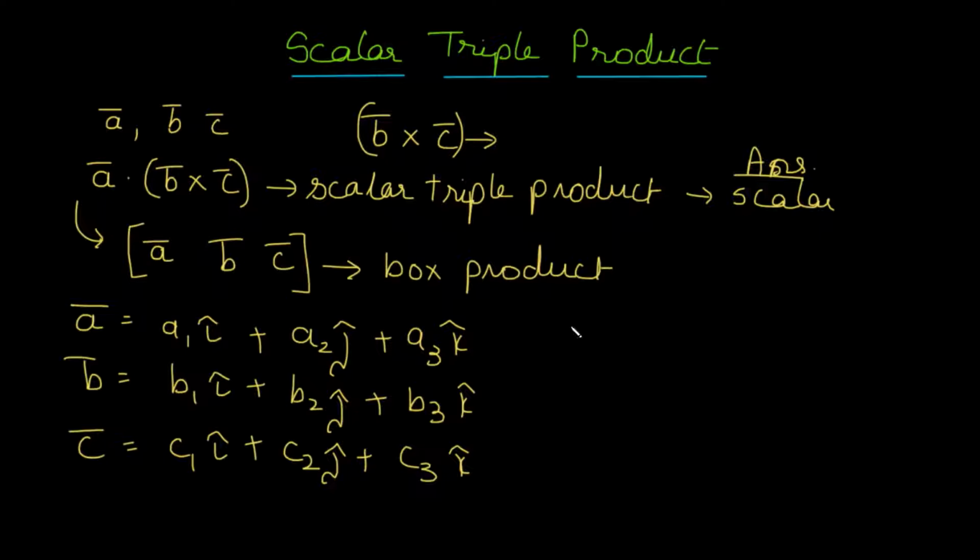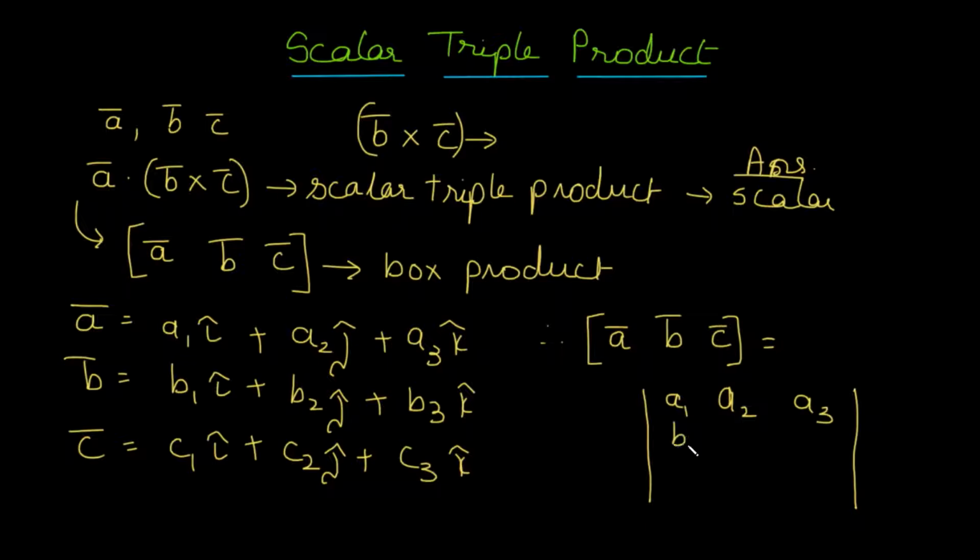So when we have these three vectors, we find box ABC, that is the scalar triple product of A, B and C, by writing these as a determinant. So when we write this as a determinant containing the rows A1, A2 and A3, B1, B2 and B3, and C1, C2 and C3, then this is how we get the box product of three vectors.